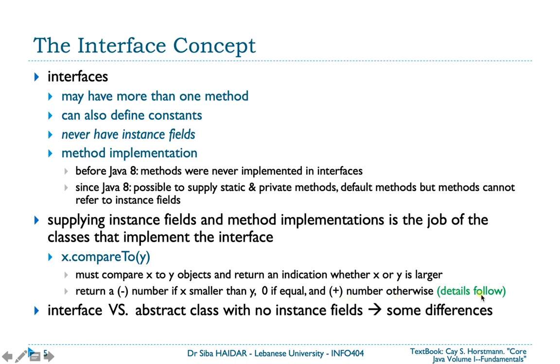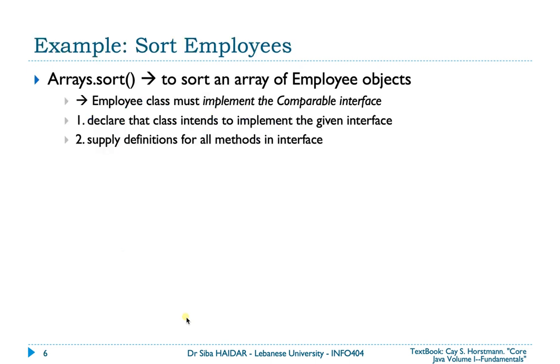Of course, details will follow, but let's take into consideration now that the implementation of the compareTo method is the job of the classes that implement the Comparable interface. A last point in this slide is the comparison between an interface and an abstract class with no instance fields. It is not only that, there are other major differences that we will discuss also in this lecture.